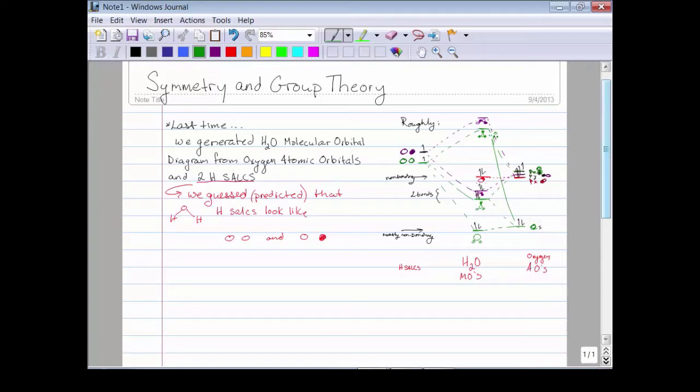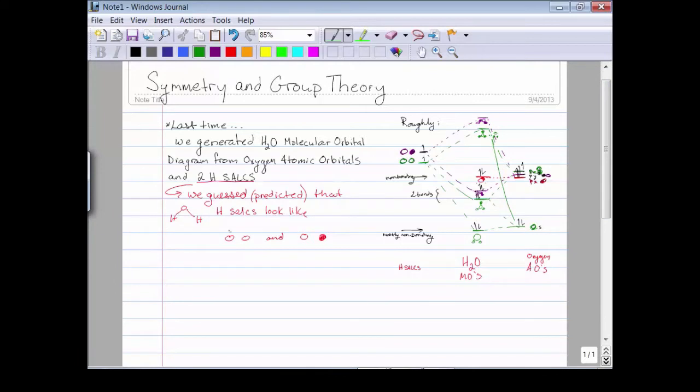Last time, you probably remember that we generated molecular orbital diagrams, this one for water, by combining oxygen atomic orbitals and hydrogen SALCs. To get the SALCs, we basically just guessed. We took the oxygen atomic orbitals and tried to figure out what would match, and we came up with these two.